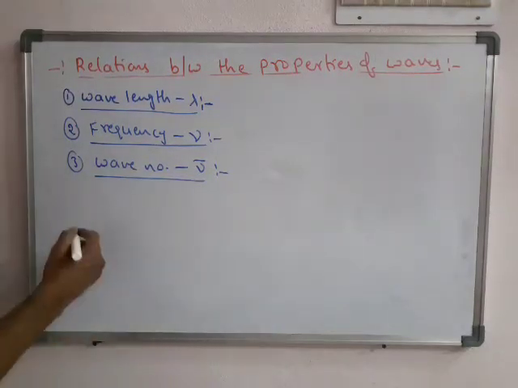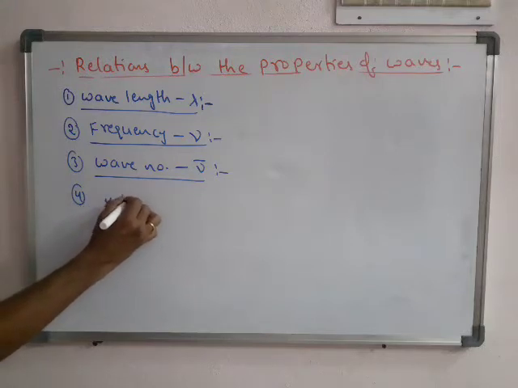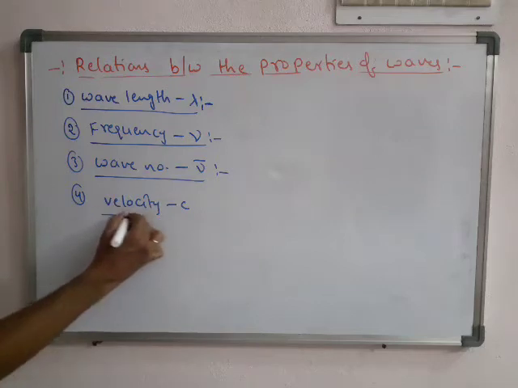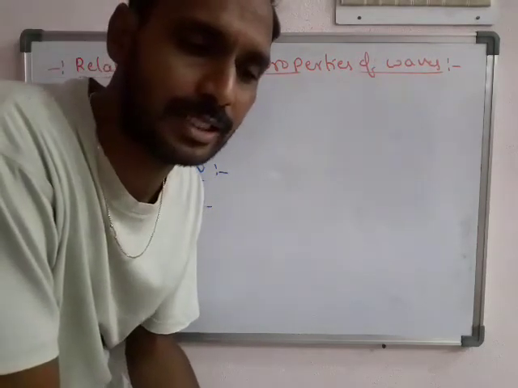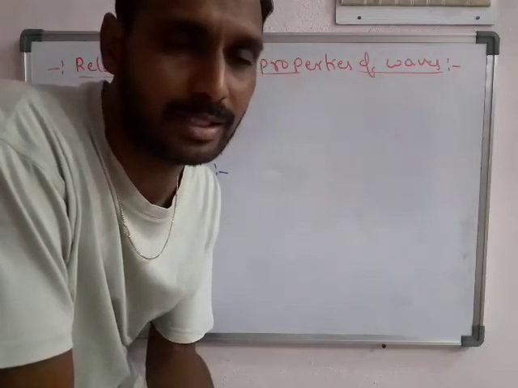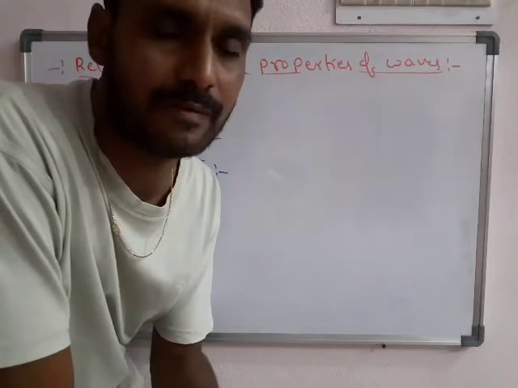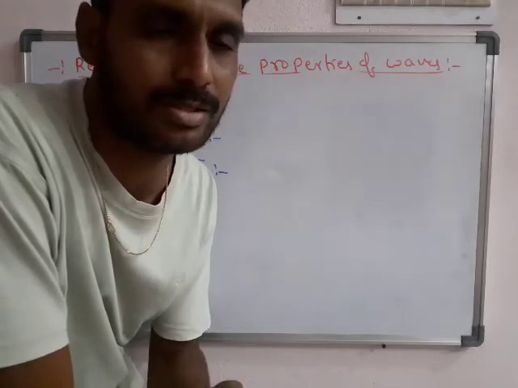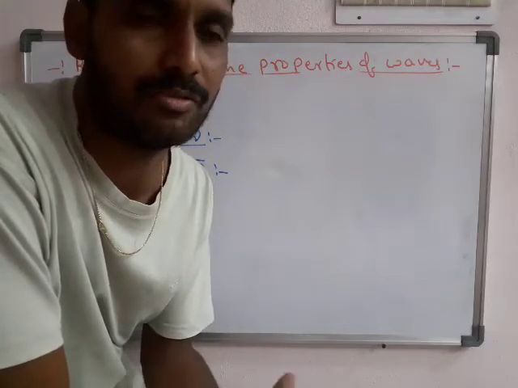So already we know what velocity is. Velocity is indicated with c. The general definition of velocity is the distance traveled by an object, but here we are discussing waves: the distance traveled by a wave in 1 second of time is called velocity.